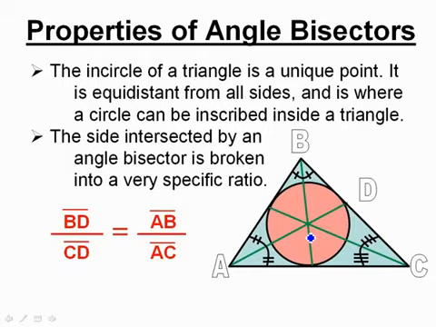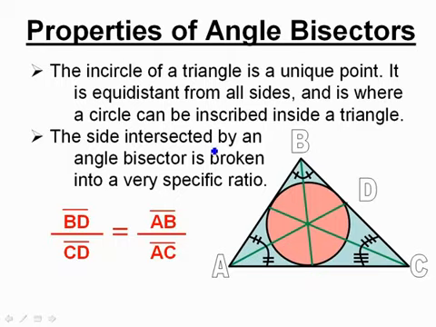But it's touching all the sides, therefore it's the incircle of a triangle. No, it's the circle inscribed inside the triangle. It's basically the largest circle you could possibly draw inside of a triangle. And it's in fact the only circle you could draw inside a triangle that touches all the sides.